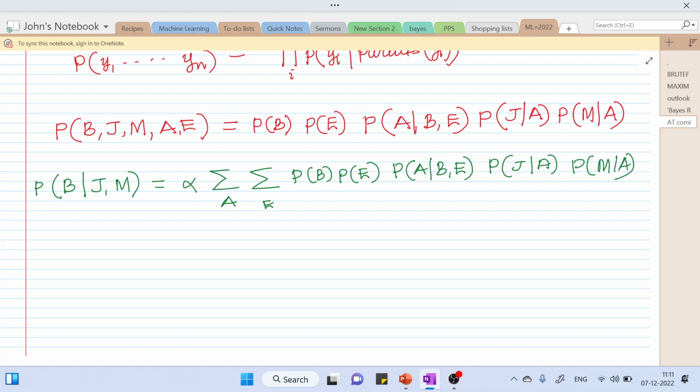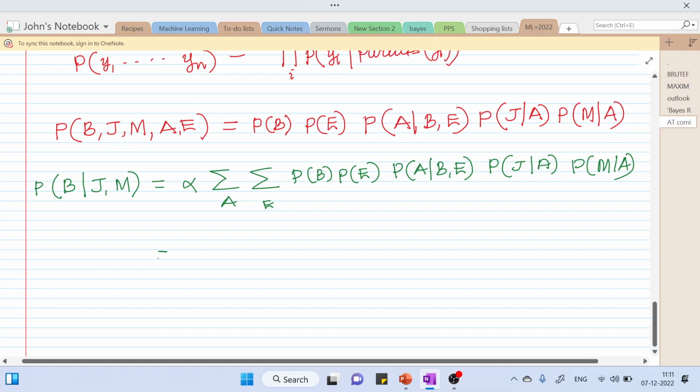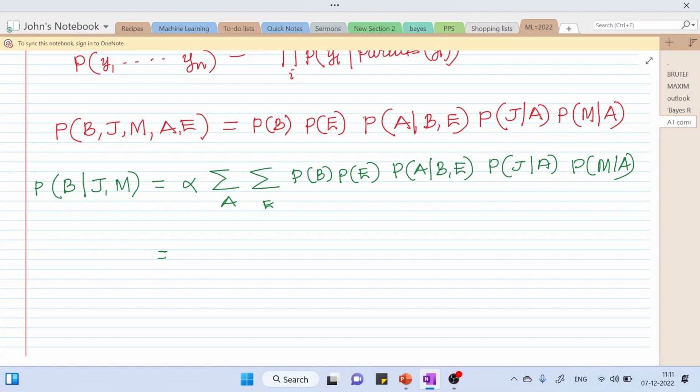Which term can we take out of the sigma, both the sigmas? Which probability has nothing to do with alarm and earthquake? The probability of burglary, independent of alarm and independent of earthquake.